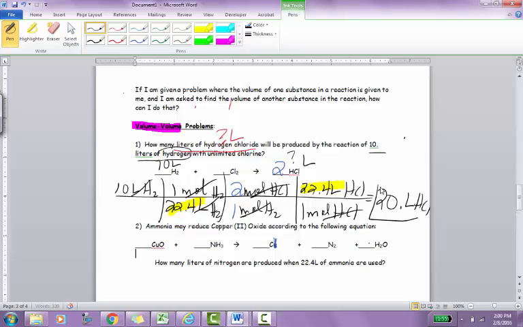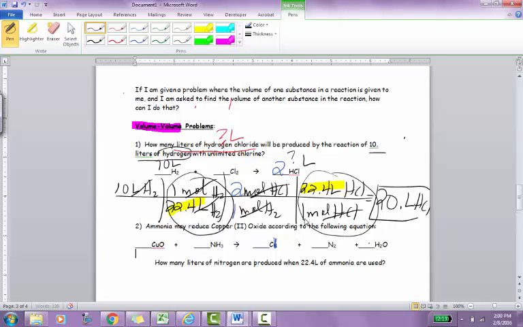So the fantastic part about a volume calculation is that whatever you have, as long as it starts in liters and whatever you end up with is also in liters, this relationship will always be the inverse of the other.